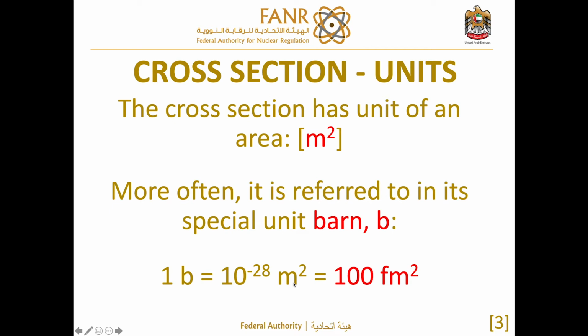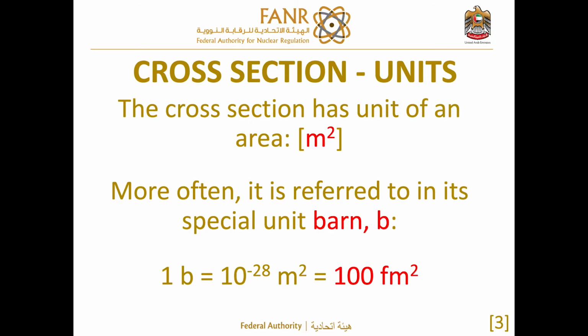So, of course, it's a very small quantity because interaction probabilities are very small in the nuclear physics area. Now, if you remember at the very beginning when we discussed the size of an atom, we said that the nucleus has the size of 10 to the minus 15 meters, which has a special name.